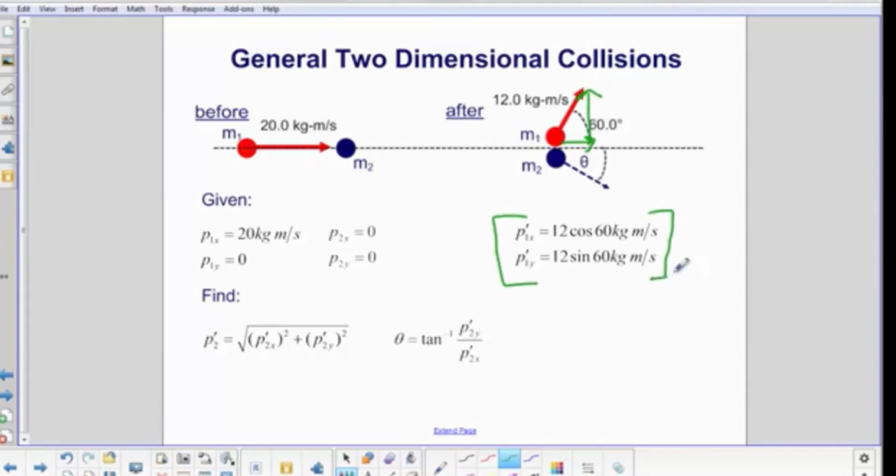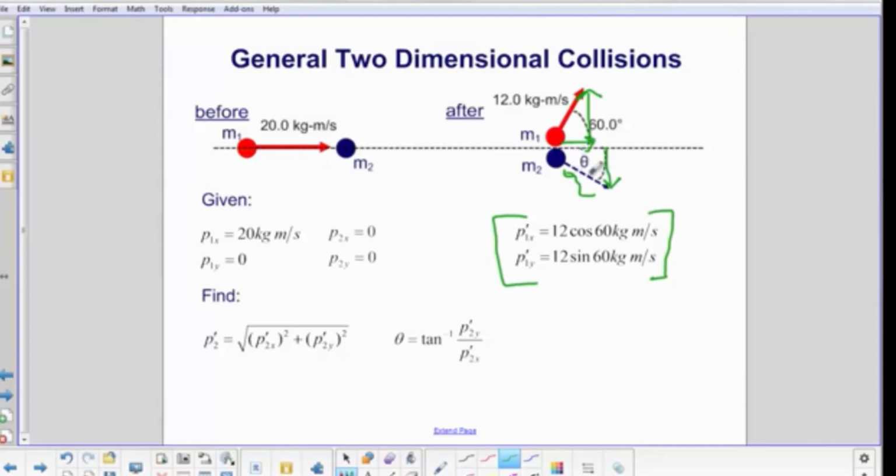So now we have our final momentum of the bowling ball broken down into its x and y components. What we want to find is the momentum of the pin, and that's this vector right here. Now if we draw a right triangle there, we know that this is going to be P2x and this is P2y.